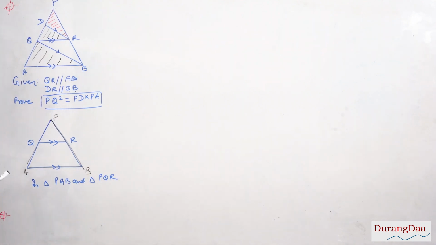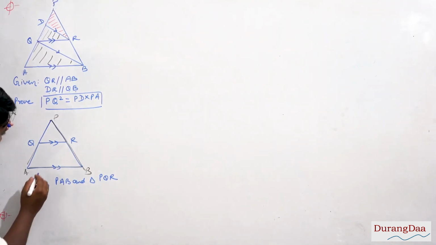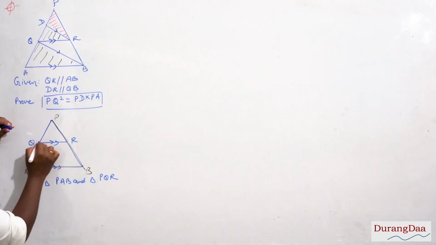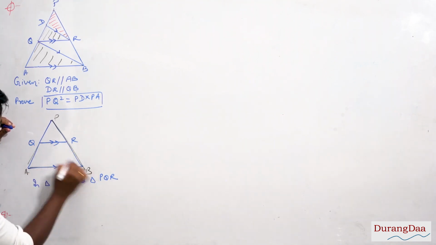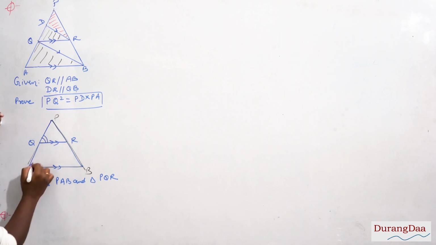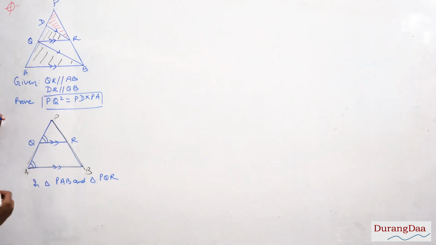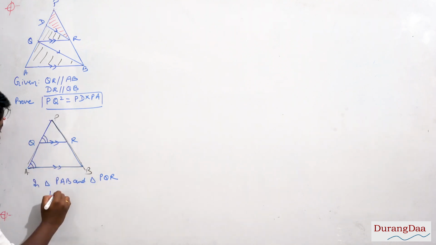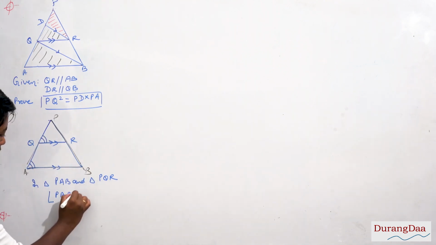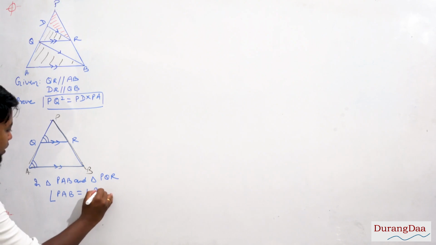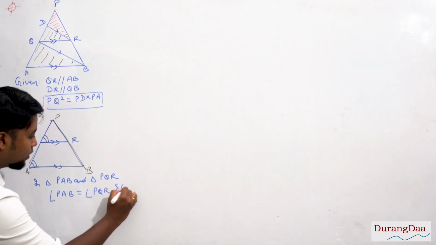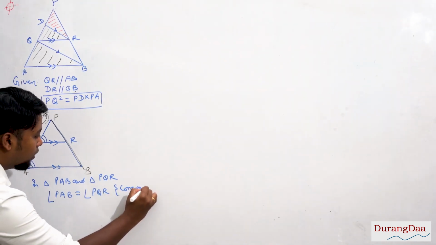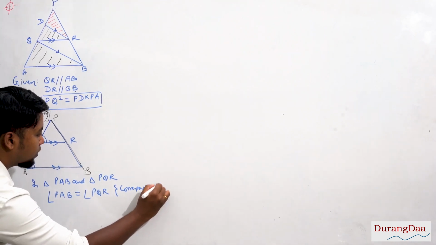In triangle PAB and triangle PQR, first angle which is equal, because line QR is parallel to AB, this angle should be equal to angle A here, corresponding angle. So let me write it here, angle PAB is equal to angle PQR. Reason is corresponding angles.